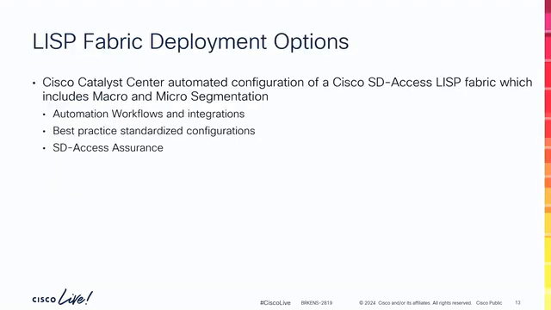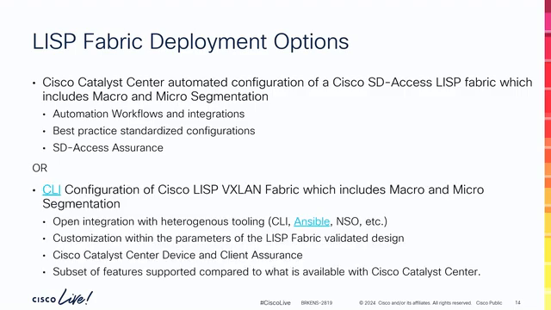Technically speaking, there's 2 ways we can deploy SD Access today. We'll be focused on Catalyst Center automation for this discussion, but just so you know, and if you want to investigate this further, it's a discussion with your sales or CX team. We do have our configuration models published as a CLI configuration guide.